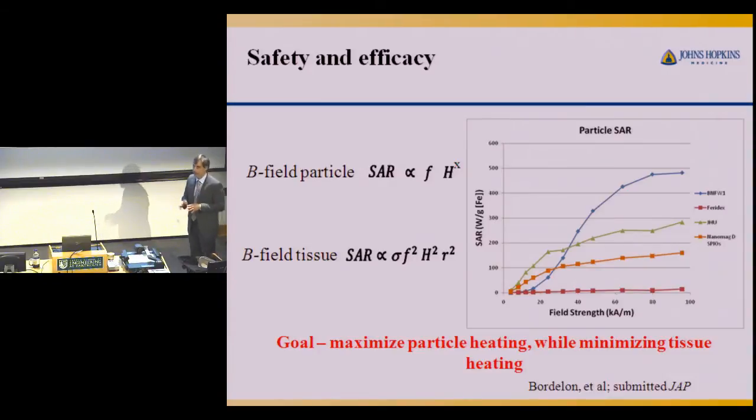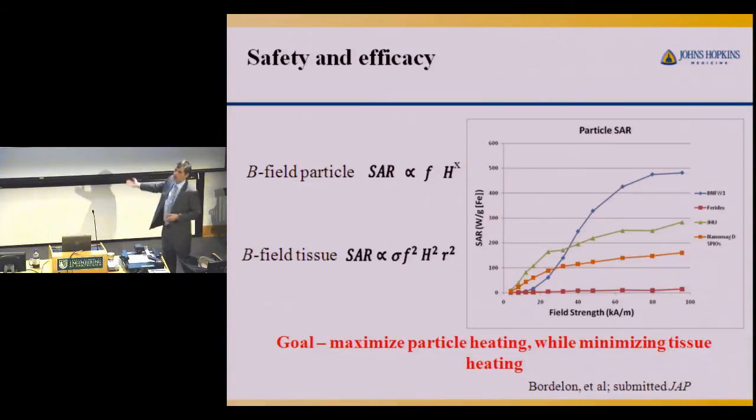It's not entirely true, but we'll just leave it at that for now. So the larger the portion of the patient who is exposed to an AC magnetic field of certain properties, the more nonspecific power deposition is going to be experienced by that patient, and that's manifest as a rise in temperature. And that's not what we want.